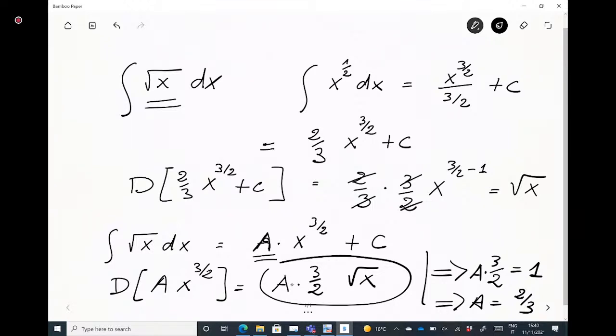Introduce an arbitrary multiplicative constant here in the solution, then determine the value of the constant by taking the derivative and equating the constant that you have here with the constant that appears in the integral. So this is a very important rule. It's also used to solve certain kinds of differential equations.